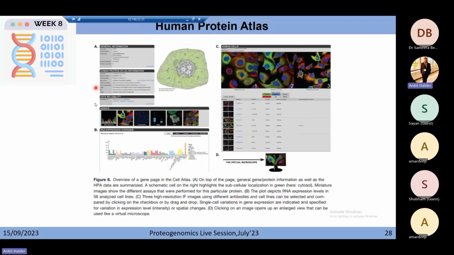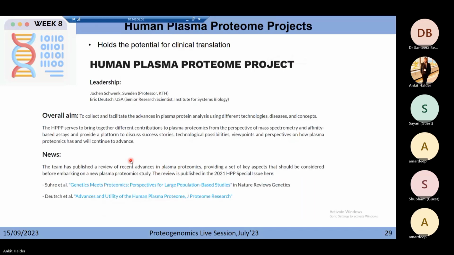In the human cells, that is during the immunofluorescence. Another thing is the Human Plasma Proteome Project of HUPO that was undertaken. Why is the Human Plasma Proteome Project required? Because it holds the potential. You can understand that having tissues and any invasive procedures becomes very difficult.